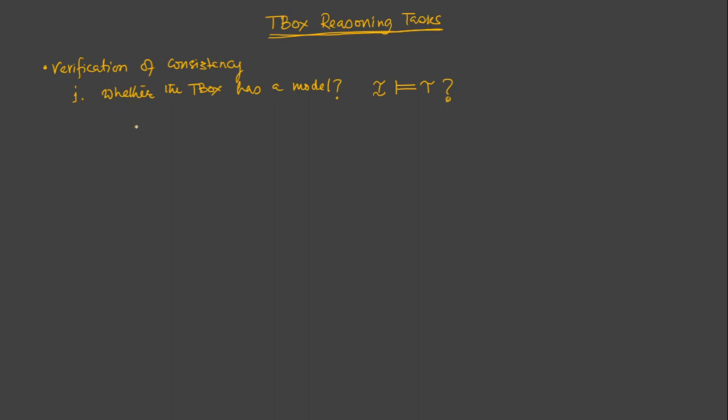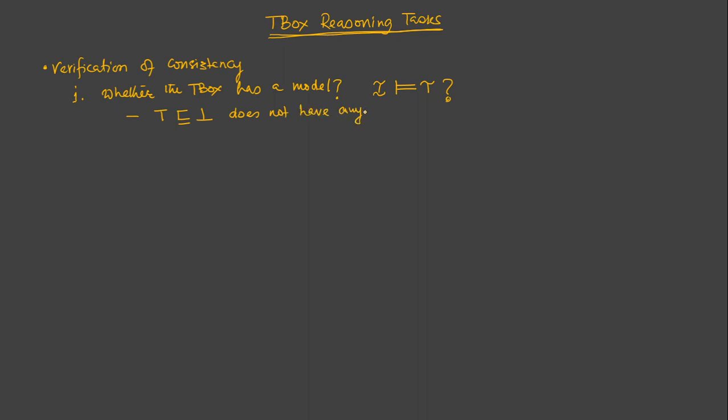Now what kind of example can we give where the T box does not have any model? If we have something like this, where we make the top class a subclass of the bottom class, it will not have any model.